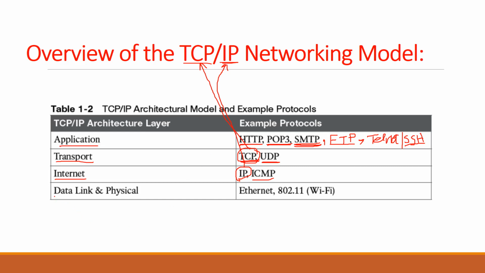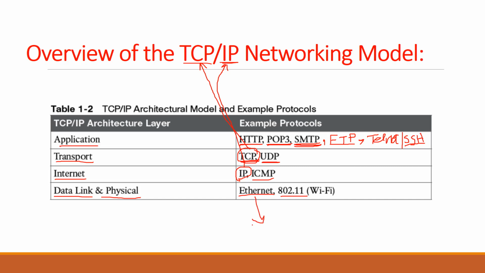Then let's give an example protocol of the data link and the physical layers. We have wired Ethernet and the wireless standard, which is 802.11.